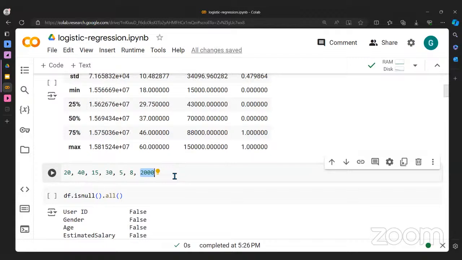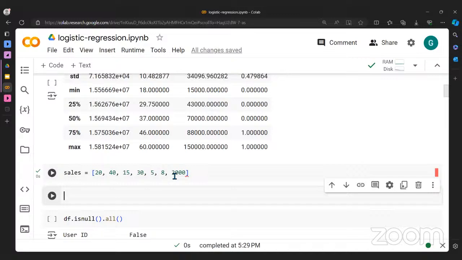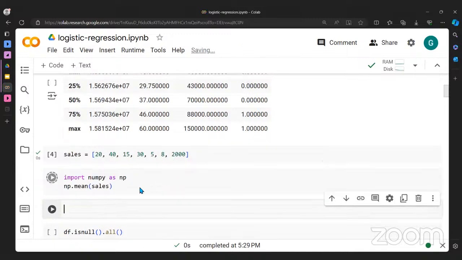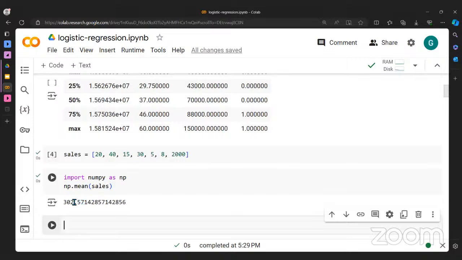But as it stands now, if we were to look at the average of this column, which is the mean, right? If you were to look at the mean, you see that the average of these cells is actually 302.